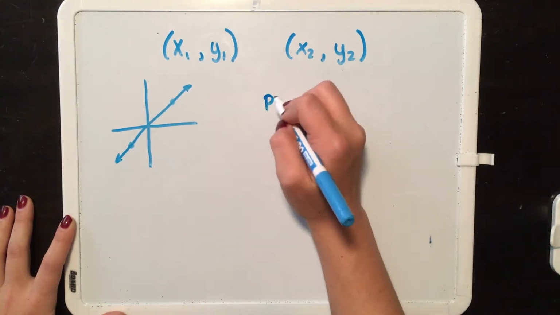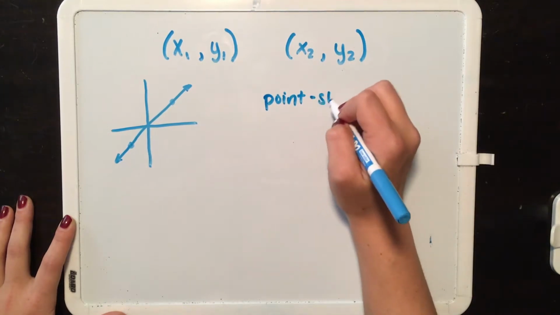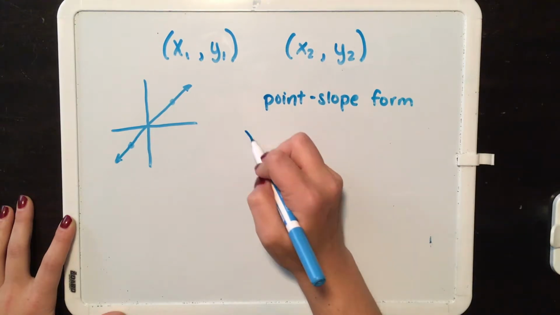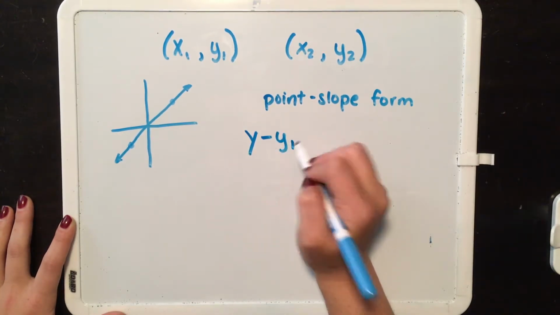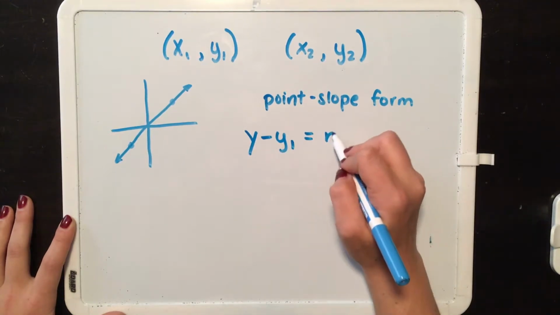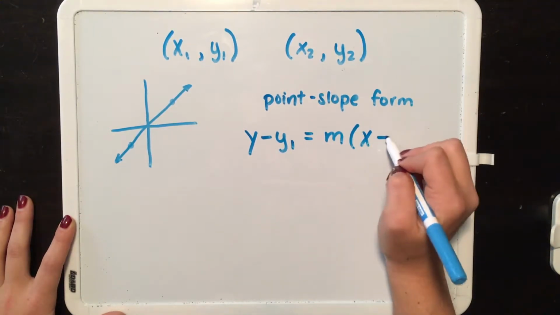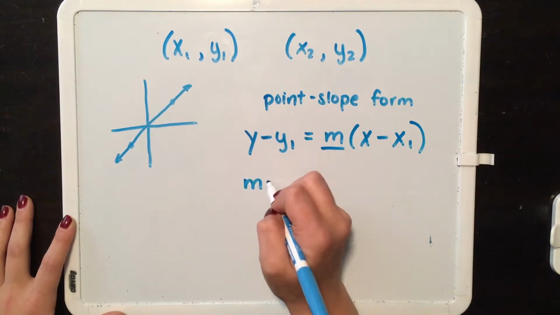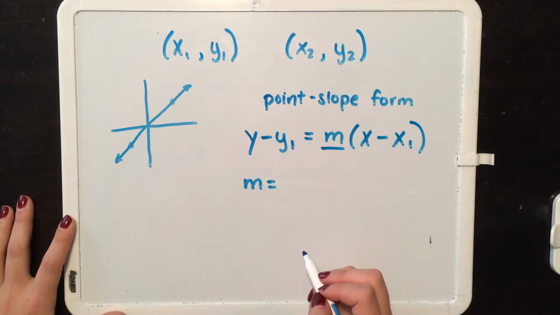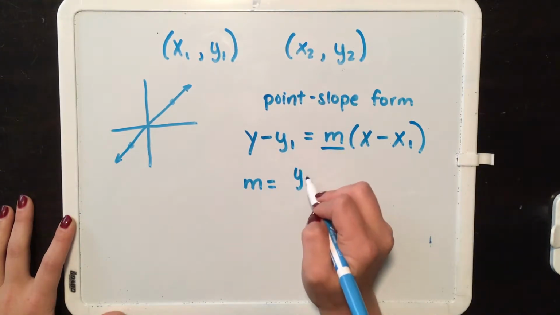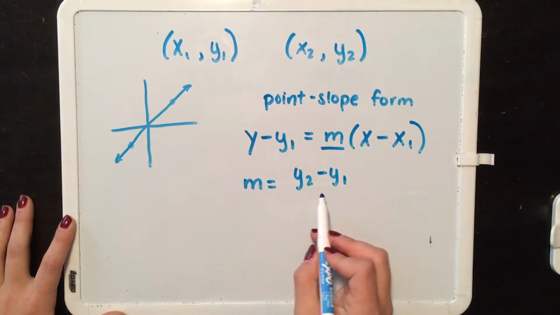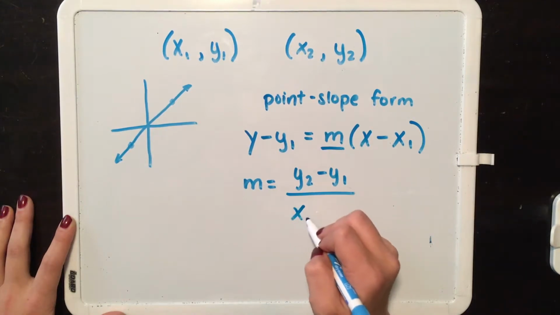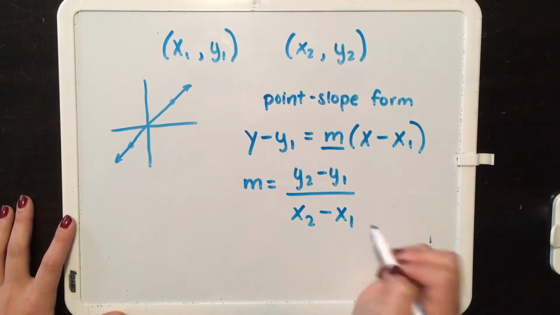The point-slope form of a line is denoted y minus y1 equals m(x minus x1), where m is the slope, and the equation of a slope is the difference of the y's, y2 minus y1, over the difference of the x's, x2 minus x1.